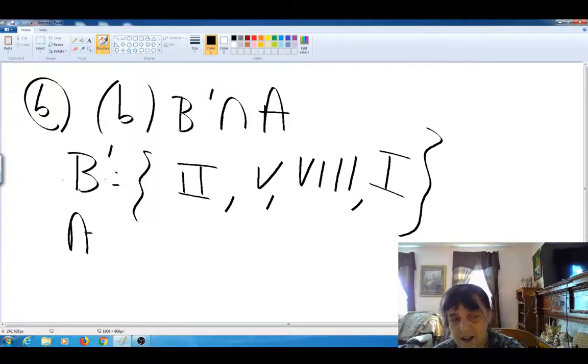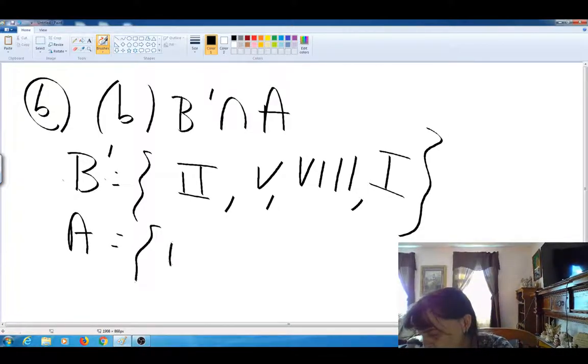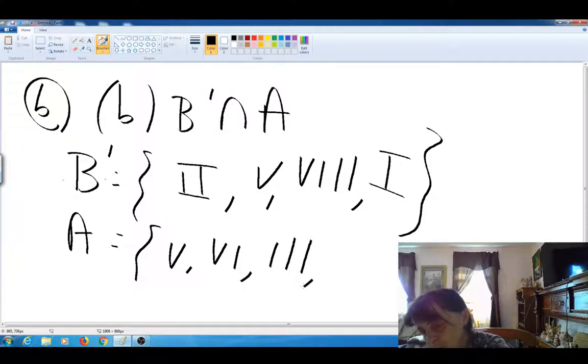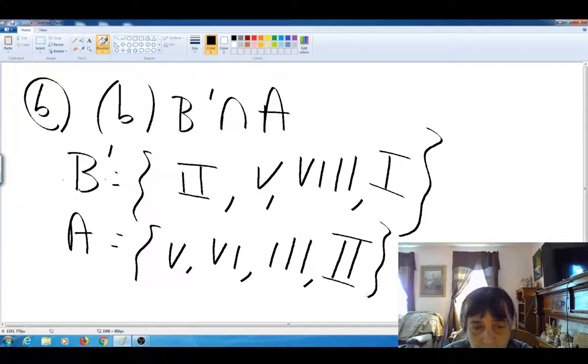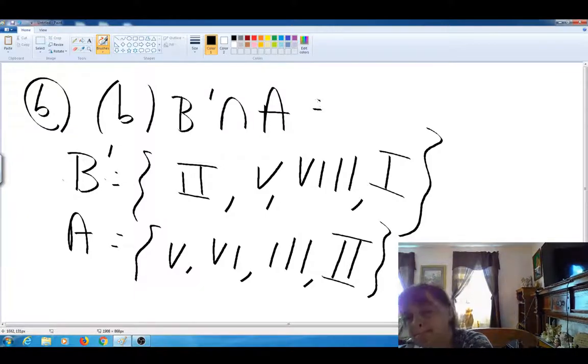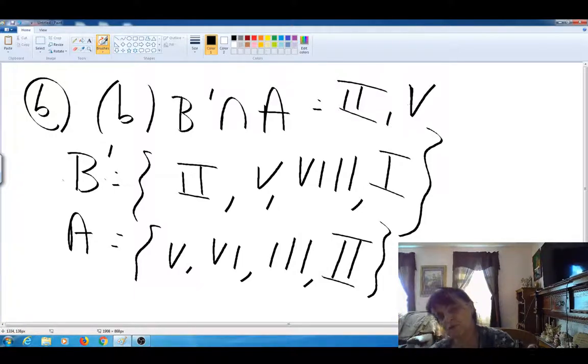And A is region 5, region 6, region 3, region 2. And the intersection of those two is 5 and 2. V is the Roman numeral for 5, and II is 2. VIII is 8, and VII, 2 I's is 7, 3 I's is 8.